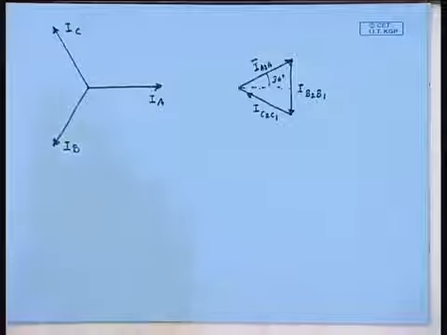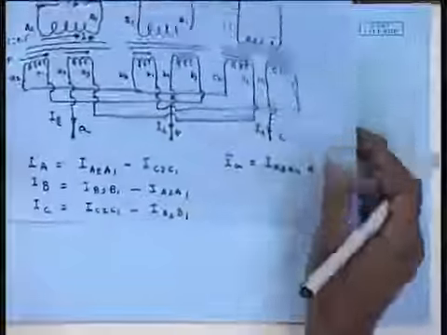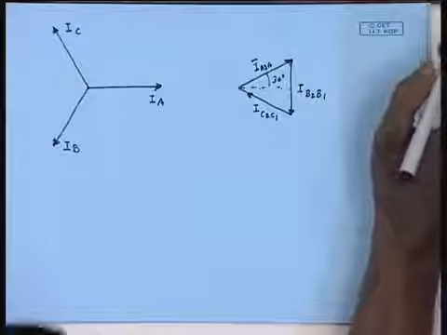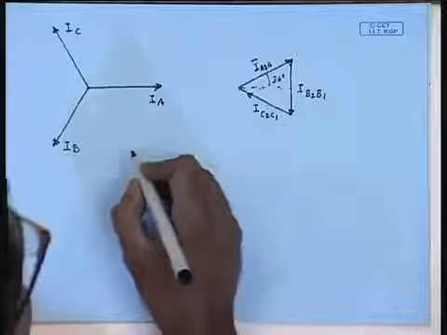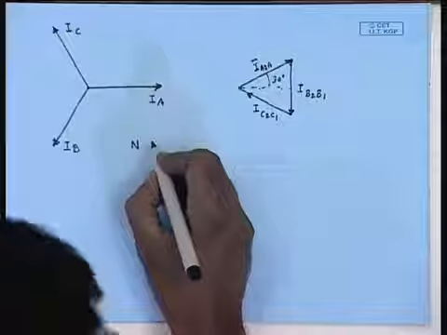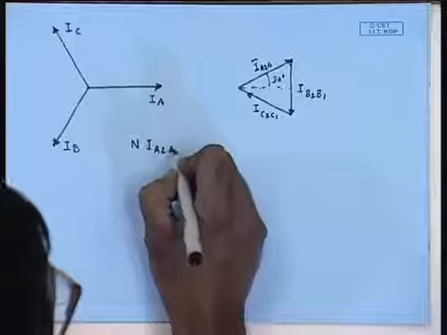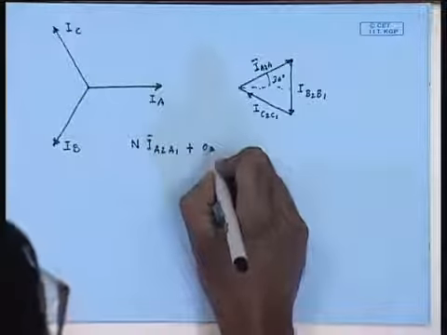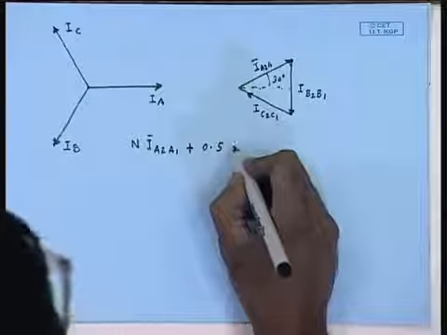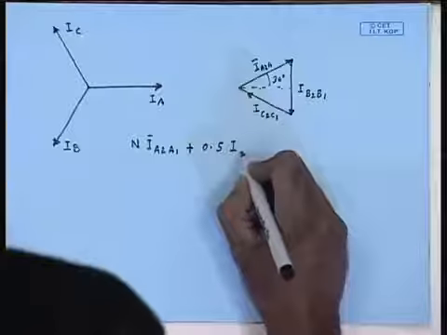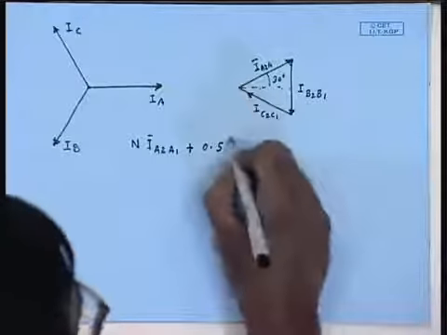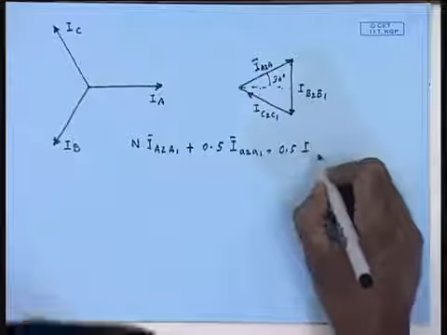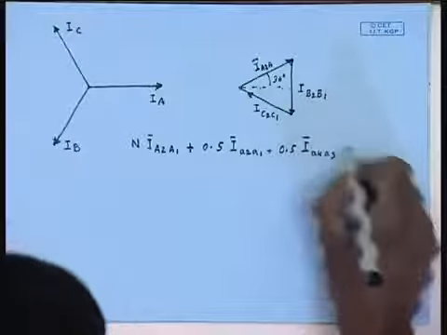Now, it has to be seen that in order to balance MMF, we must have n times I A2A1 plus 0.5 times I A2A1 plus 0.5 times I A4A3, this must be equal to 0.